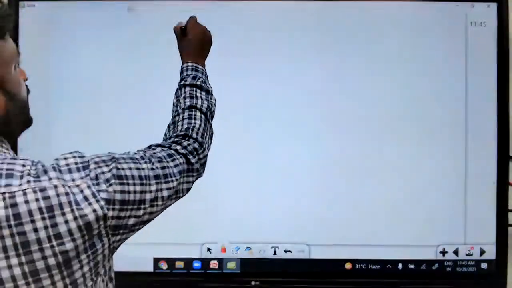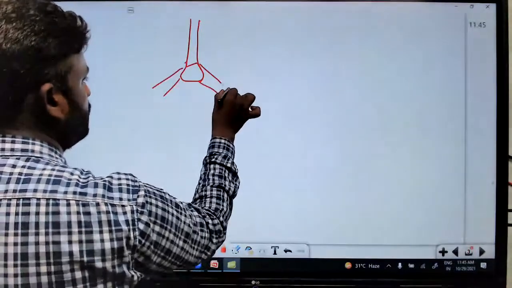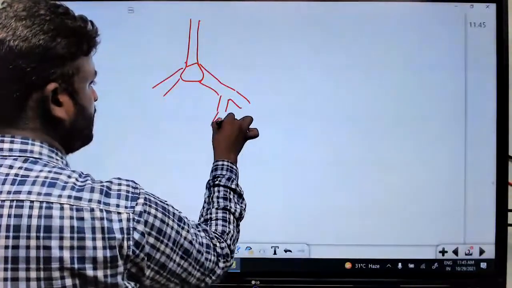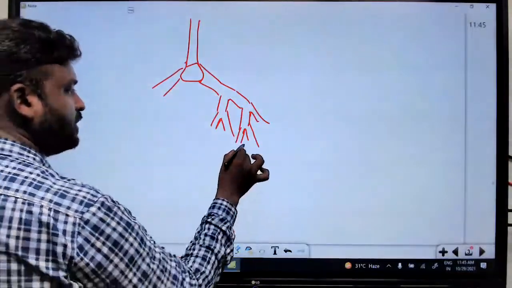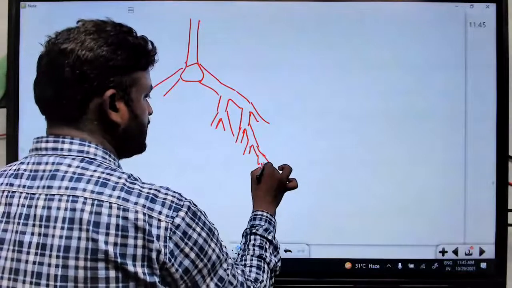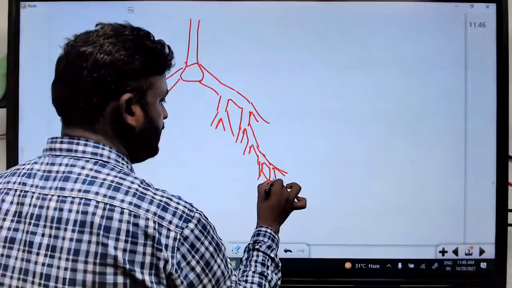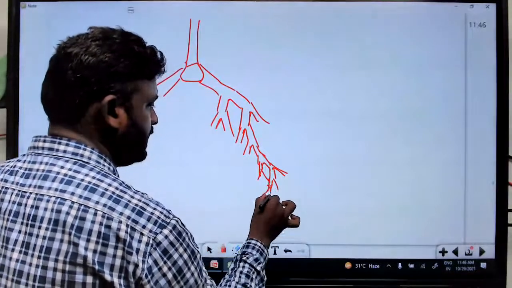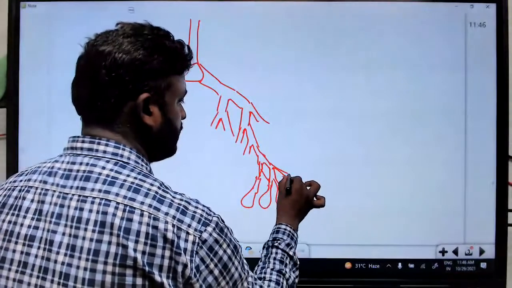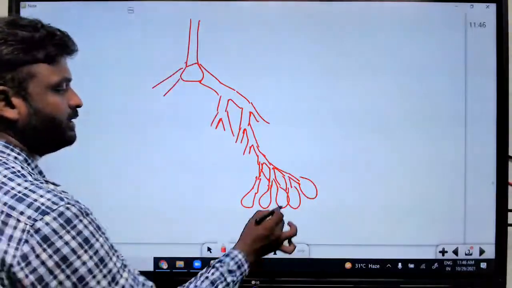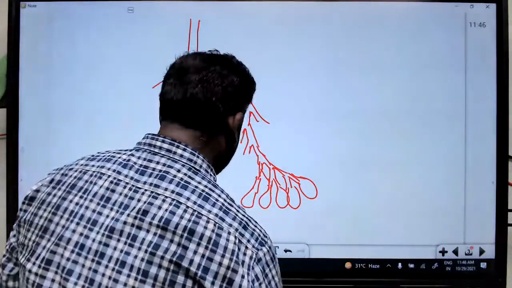Just imagine the trachea, bronchi, primary, secondary and tertiary bronchi, then primary, secondary, tertiary, terminal and respiratory bronchioles, the alveolar duct, and finally the alveoli. You know this very well.